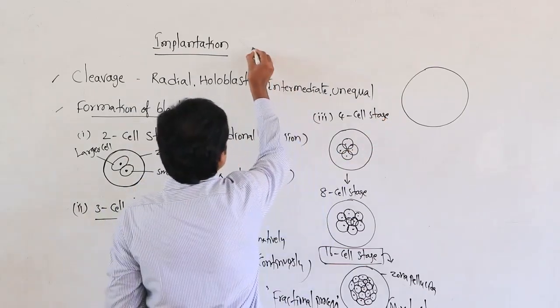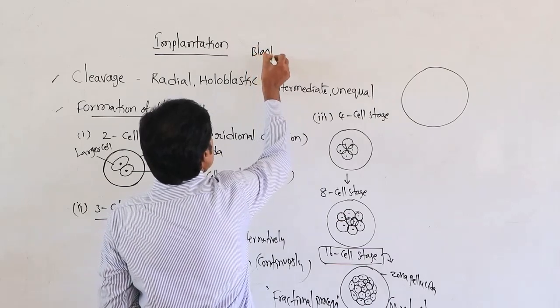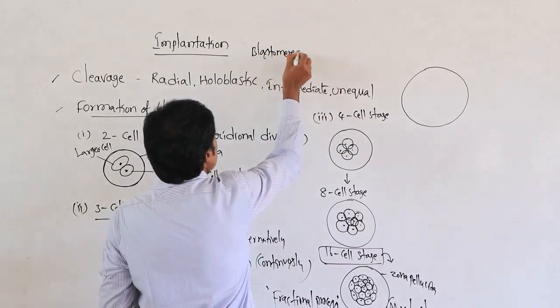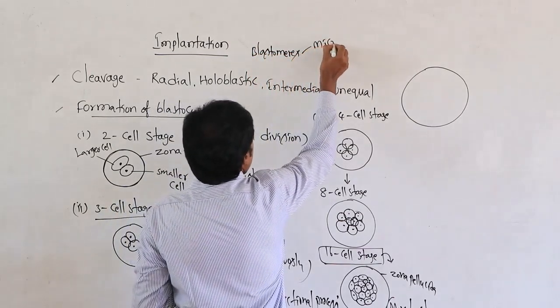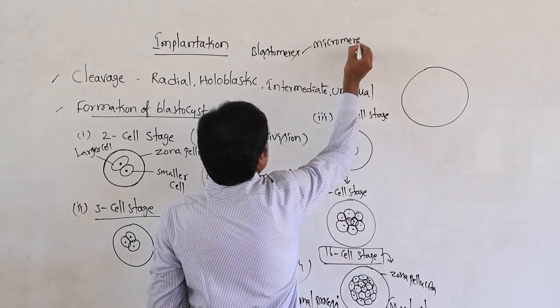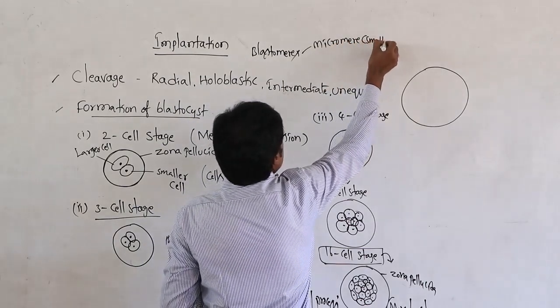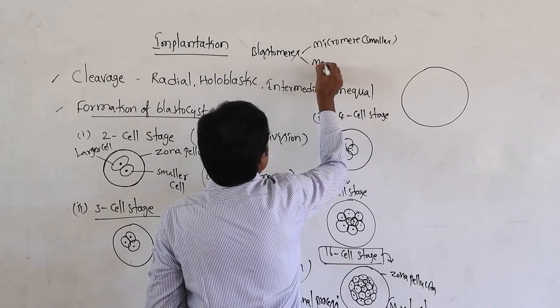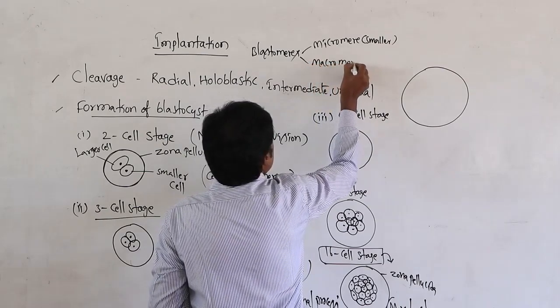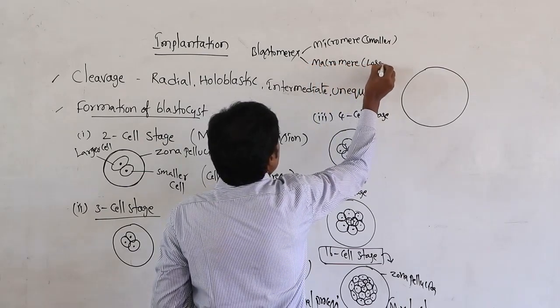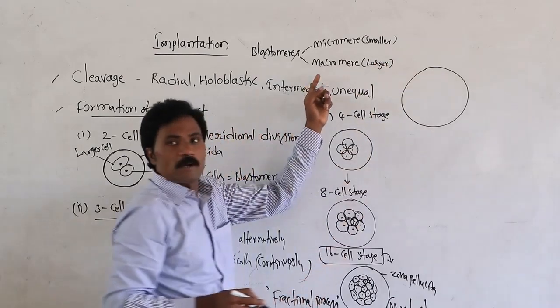So these blastomeres are micromeres, that means smaller, as well as macromeres, that means larger in size.